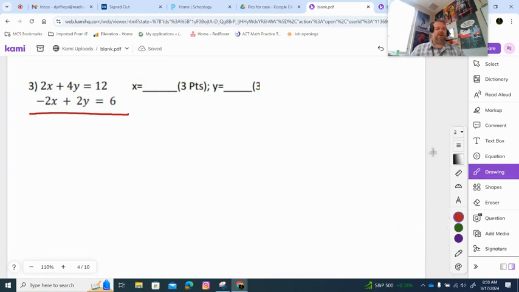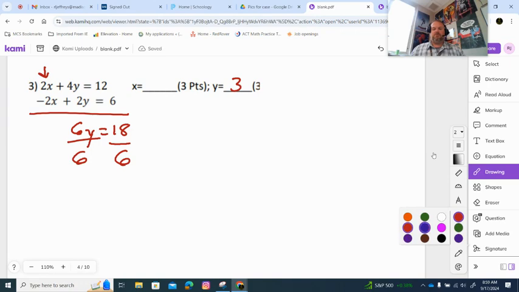All right, looks like my x's cancel. If we look right here, same terms, different signs. This is 6y equals 18. All right, so y equals 3. So I'm going to say, I don't know, top.